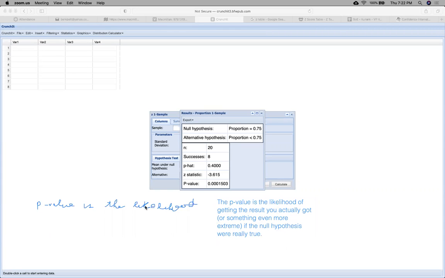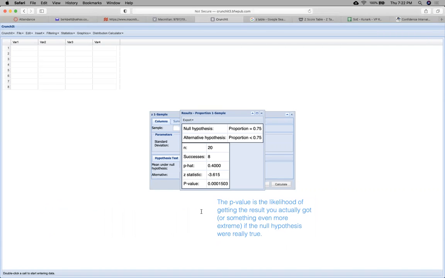Let's erase all this nonsense. So the p-value is the likelihood of getting the result that you got, or something even more extreme, if the null hypothesis were really true.